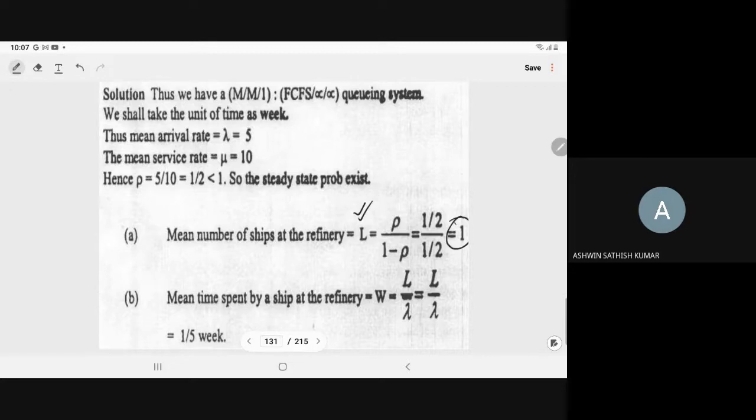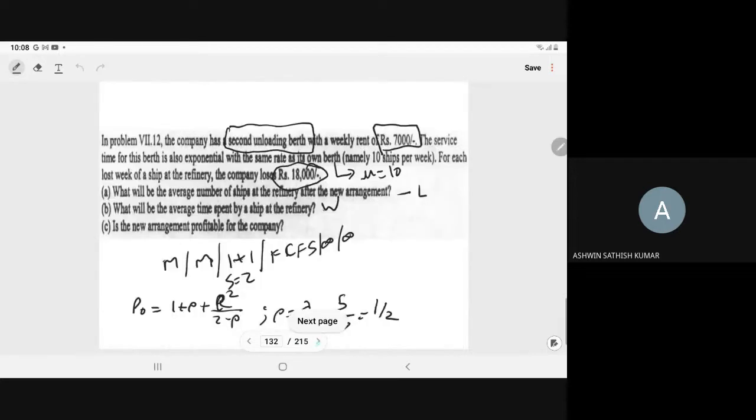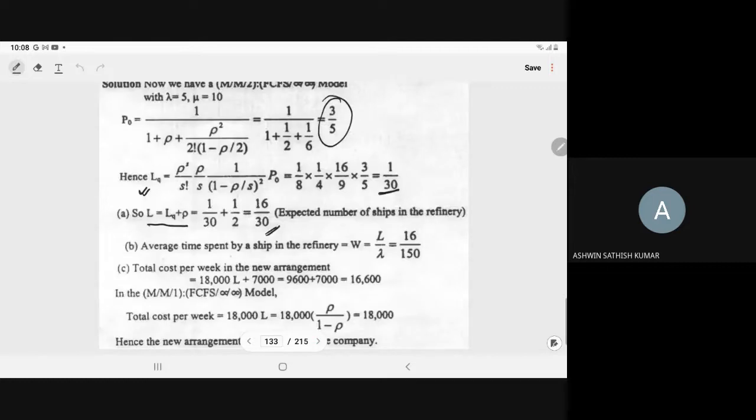So if you compare, naturally, the expected number of ships in the refinery will reduce because we are increasing the service facility. So it is reducing from 1 to 16 upon 30, right? So naturally, when you add the service facility, the expected number of customers in the system will reduce.